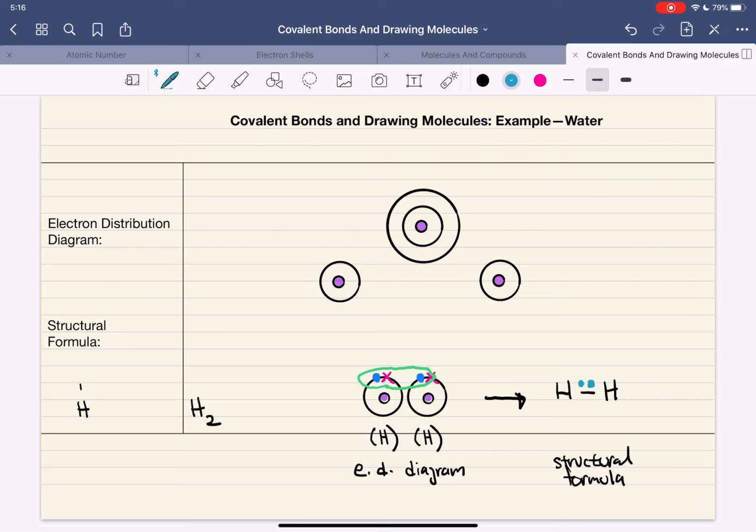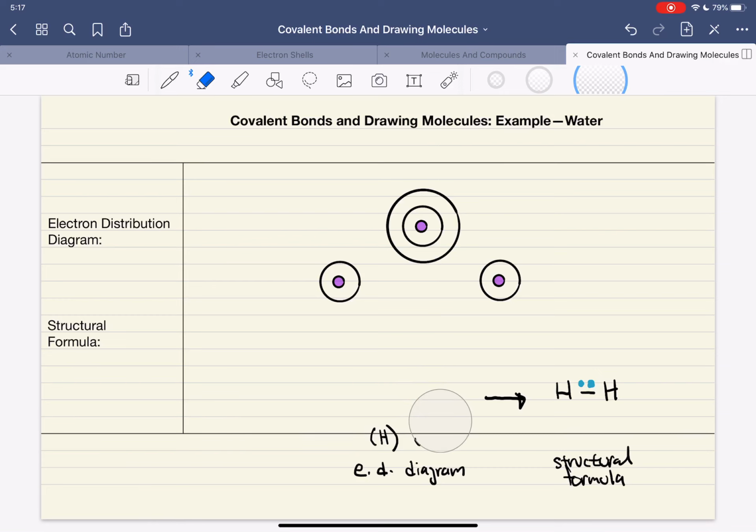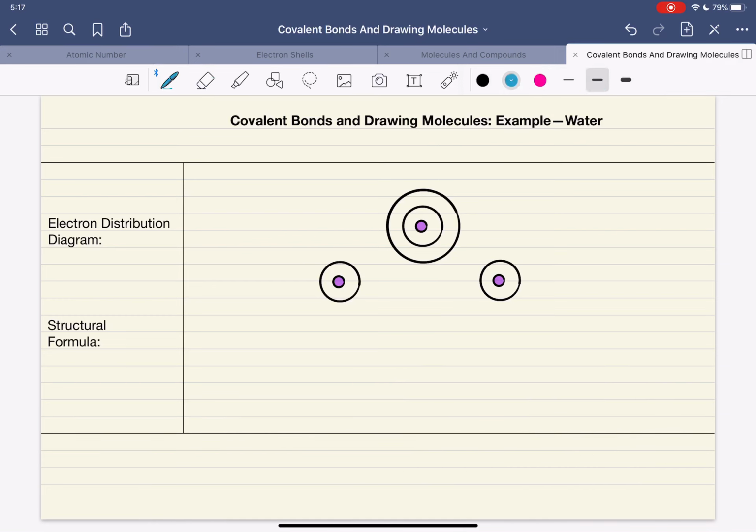All right, so that was my first example. Let's do the same thing, but with water. Luckily for water up here, I'm already set. Remember, water, H2O.